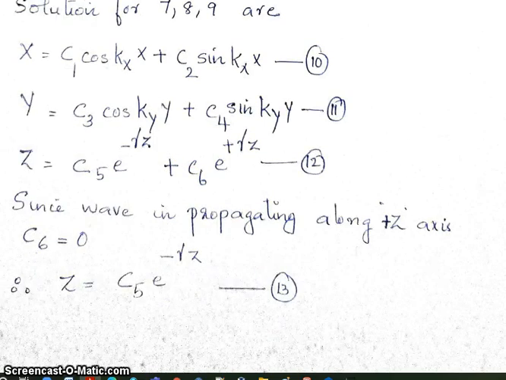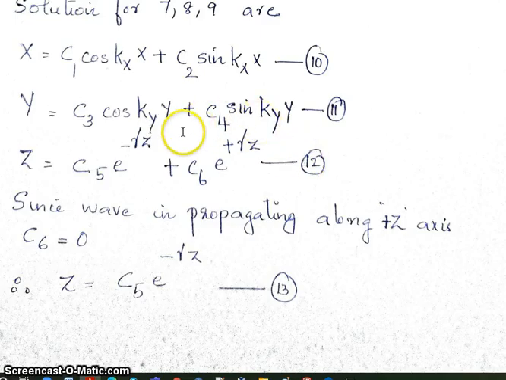Now, we assume that the wave is propagating in the plus z axis. In that case, this term will be equal to 0, because I have said earlier that if the wave is propagating along the plus z axis, then the exponential term will be minus, and vice versa.